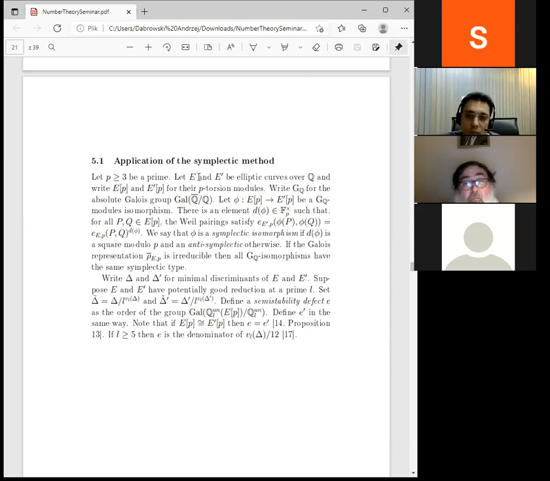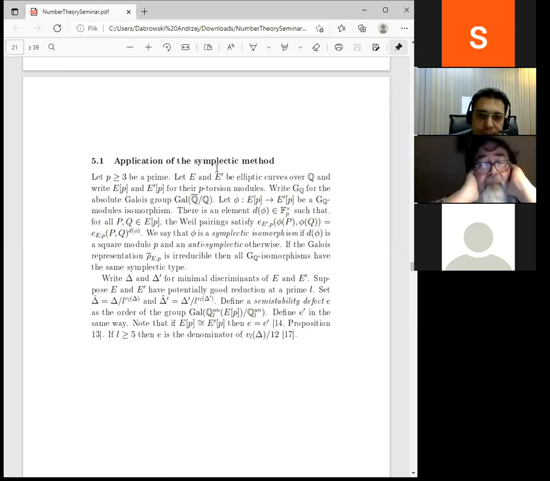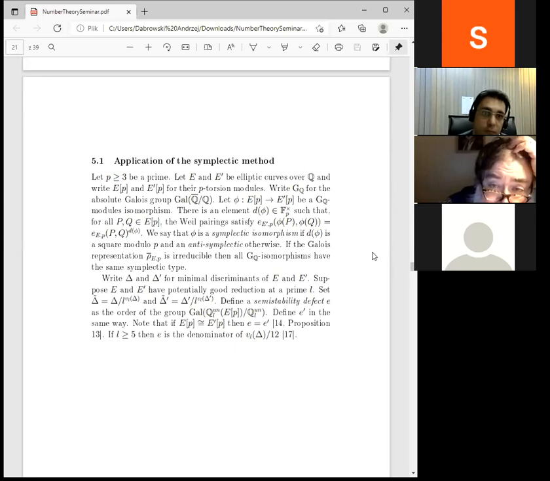If we have two elliptic curves, E and E prime, related by modularity to some newforms of weight 2 and some level, and assume that the p-torsion modules are isomorphic, then there is additional structure, so we can say that such an isomorphism is symplectic or antisymplectic.